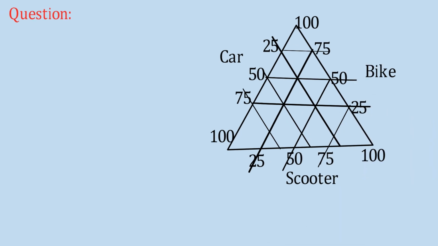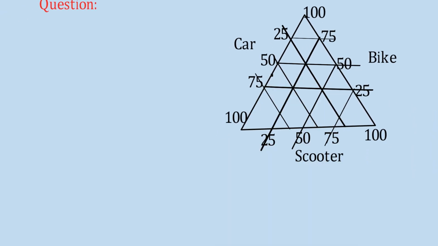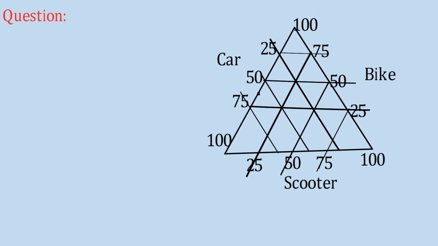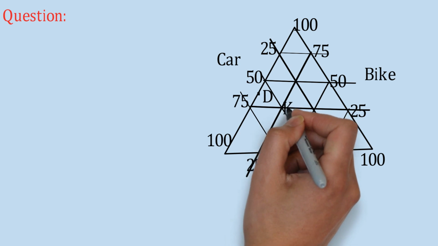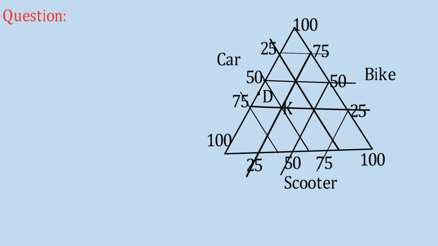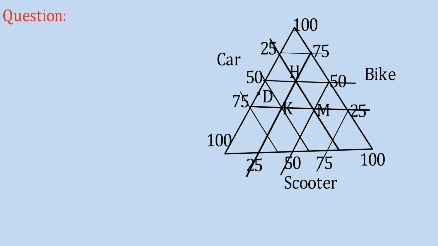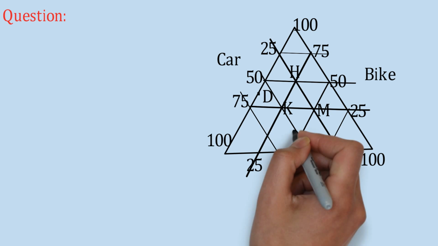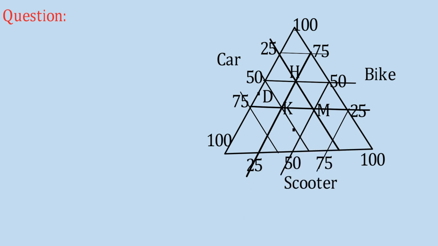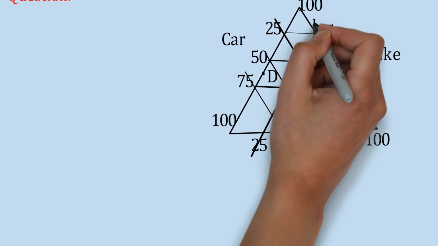So we are having different points marked, like D at this point, K at this point, M at this point, H at this point, and then C at this point, B at this point.